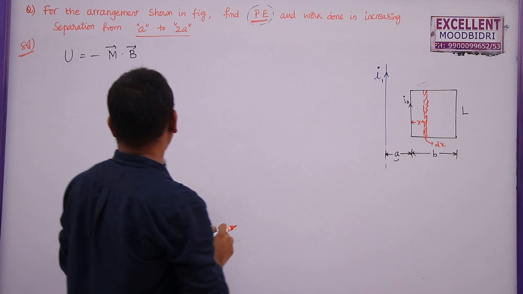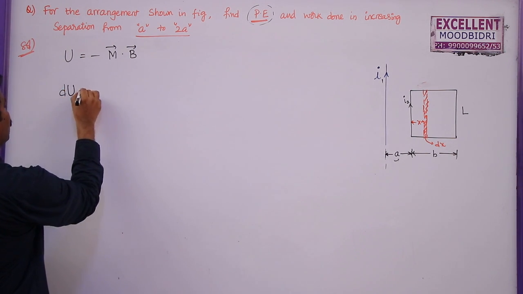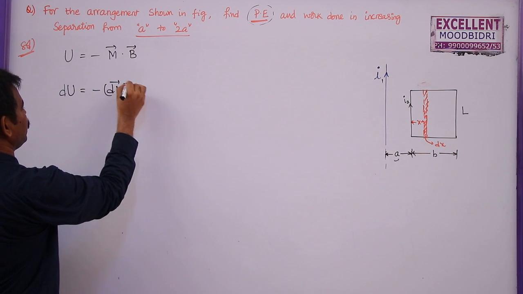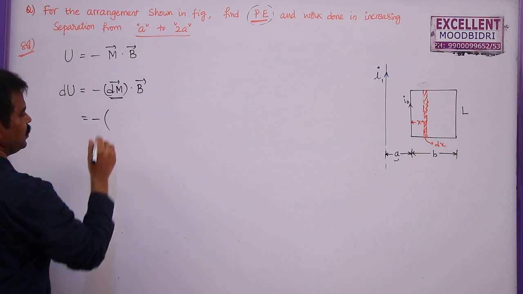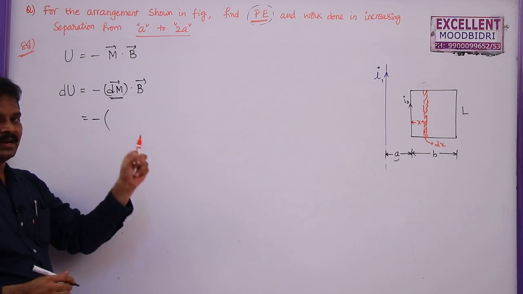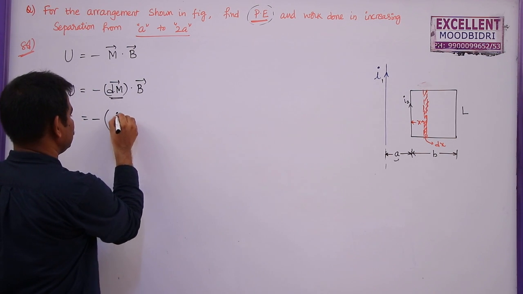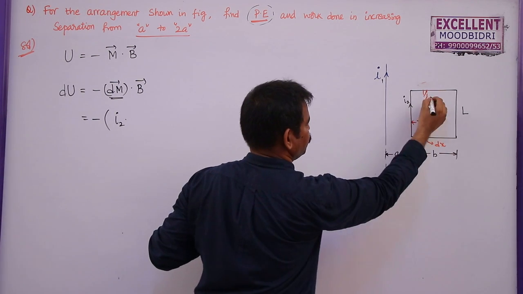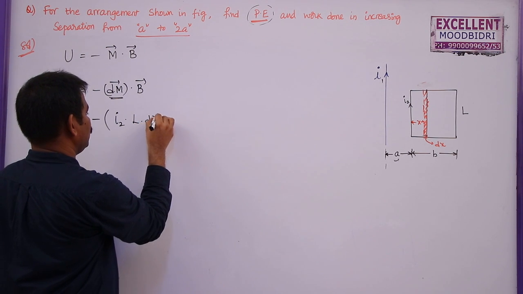So in this case, first let me find the small potential energy, dU is equal to minus dm bar dot B bar. So this is minus of, what is dm? dm is current into area of that strip. The current flowing in the small loop is I2, and the area of this small strip is L into dx.